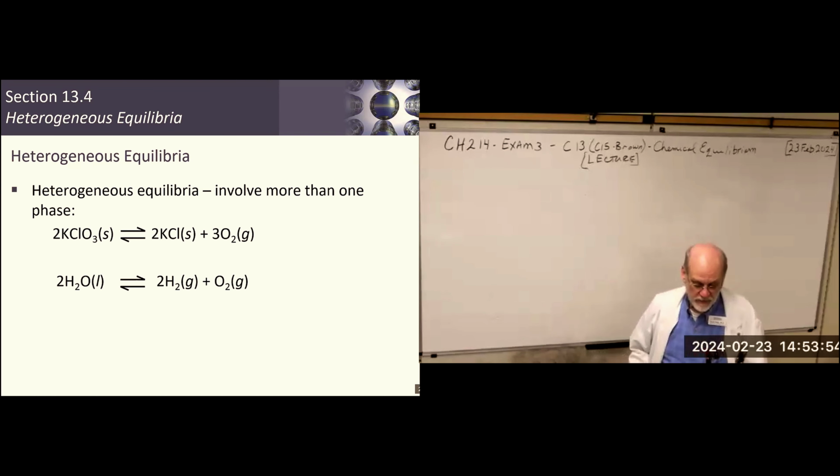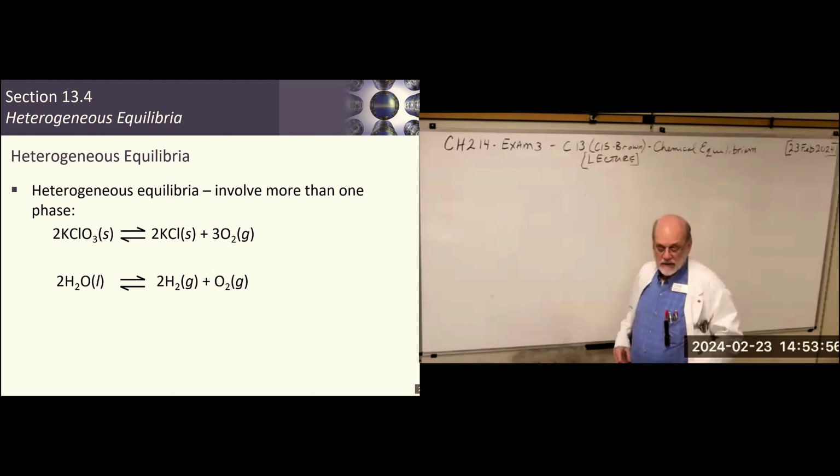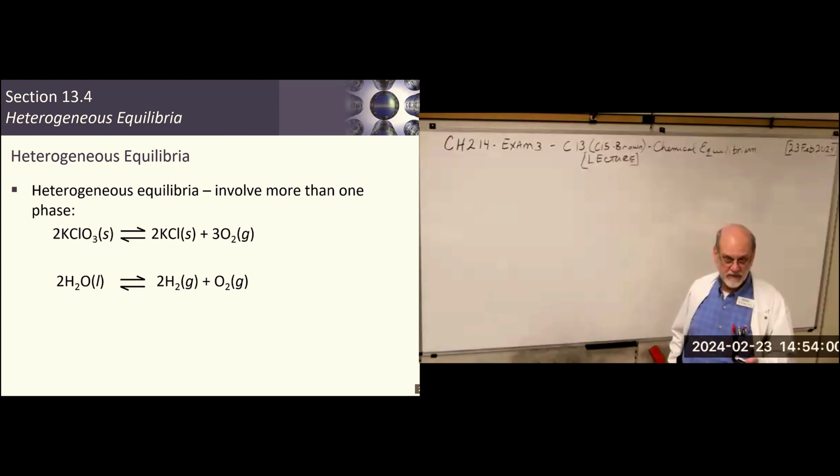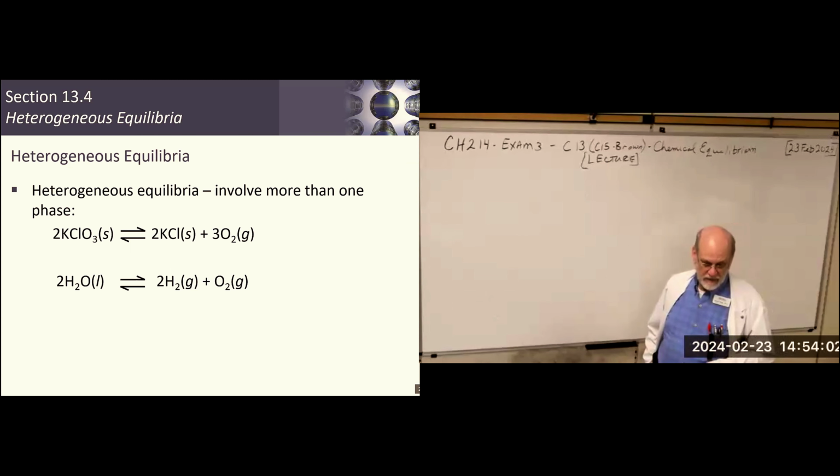A heterogeneous equilibrium is where you have different phases involved, more than one phase. In fact, our examples have liquid and gas for water and solid and gas for potassium chlorate decomposition.